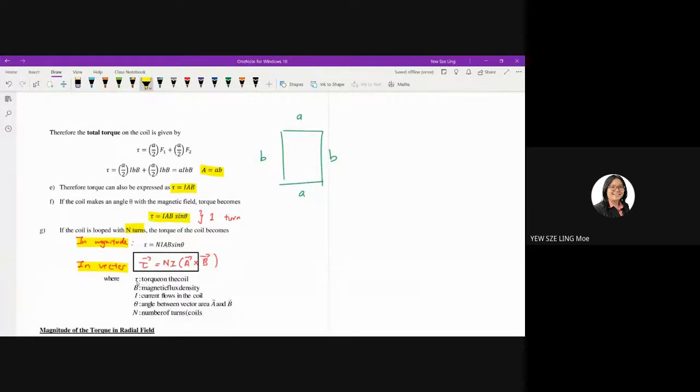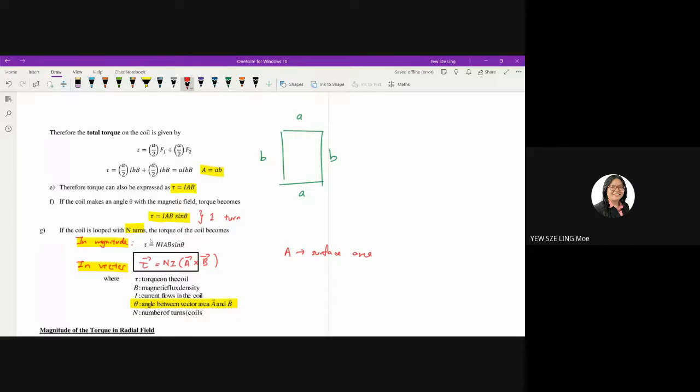So torque is the torque on the coil, magnetic flux density is B, I is the current flowing in the coil. Now the angle, this is the part that I asked you to be careful about just now. The angle is between vector A and B, not between A and B. Remember, A and vector A are two different things. A is the area, the surface area.